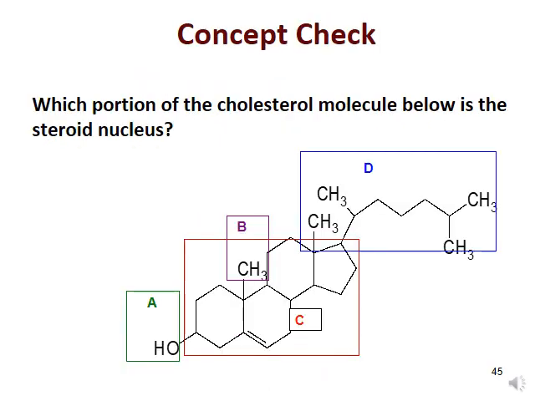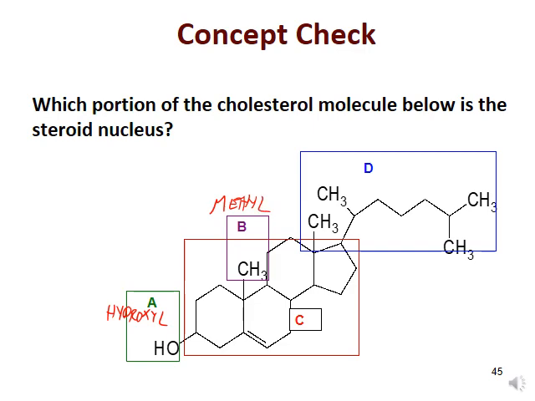Okay, so what is what? What would you call A? Well, that's nothing more than a hydroxyl group. What would you call B? That's a methyl group. That's all that is, right? What's C?